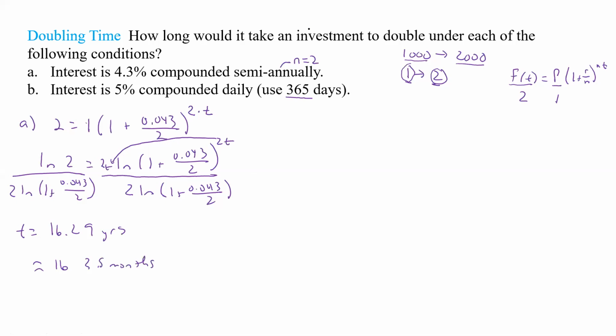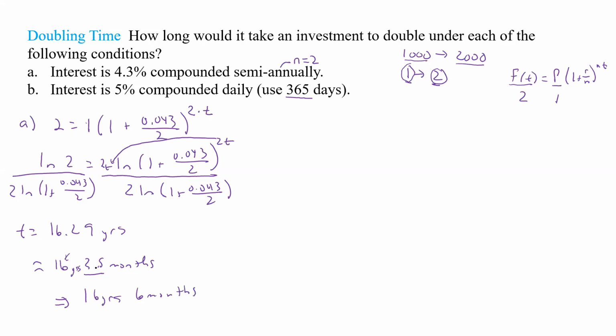Now we want it to actually double, so we have to go to the next time we receive interest. Here we've only gotten to 16 years, because semi-annually is every 6 months, and we're not going to get another interest payment until we hit the 6 months. So we're actually going to be at 16 years and 6 months.